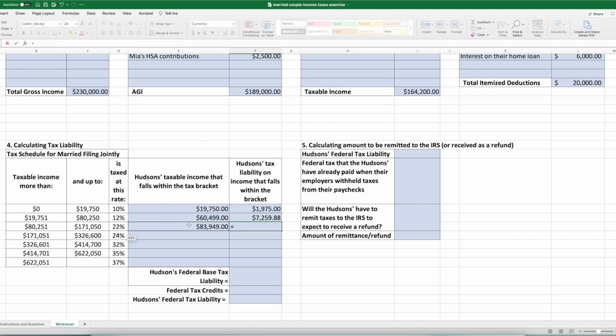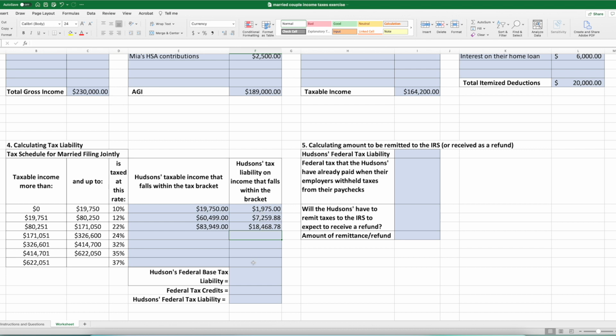And we do the same for the next tax bracket. Okay, so this is the income tax that they owe on the three different portions of their taxable income that fall into these three different tax brackets.